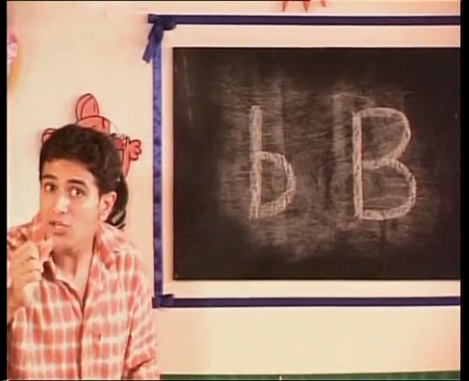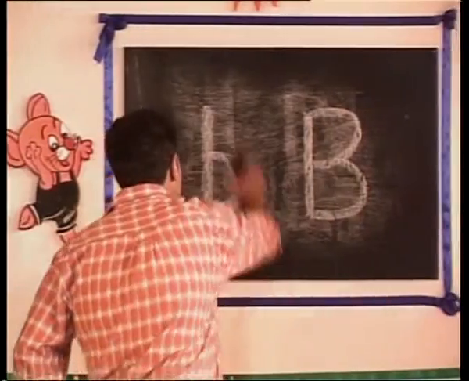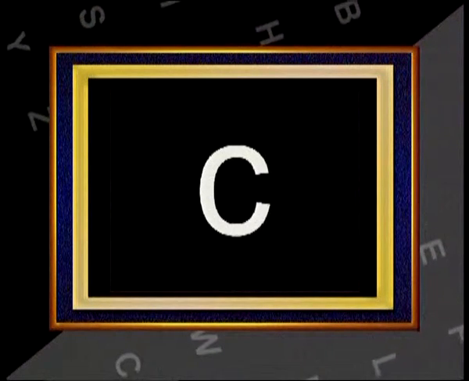Now I will show you how to write a capital C. Here we go. For a capital C, we will take a big half circle. I will repeat it again. For a capital C, we will take a big half circle. And now I will show you how to write a small c.